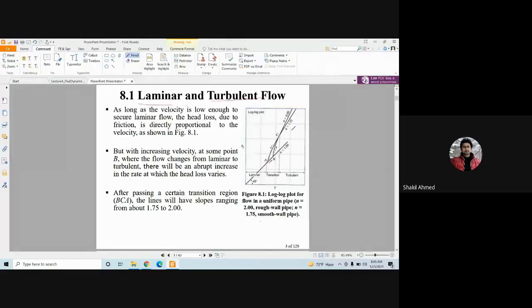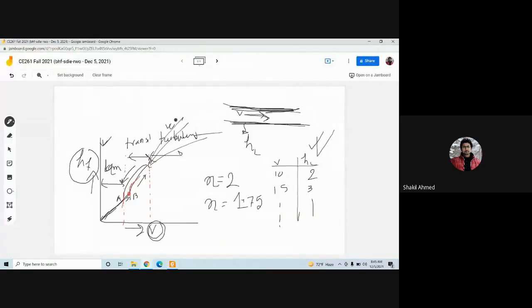Okay, as you can see, this graph is for n equals 2, this might be for n equals 1.75, and so on. When n equals 2, that means the wall is rough, so the head loss is higher. And we can see that in this line the head loss is higher than this line, right? Because this is above this line.